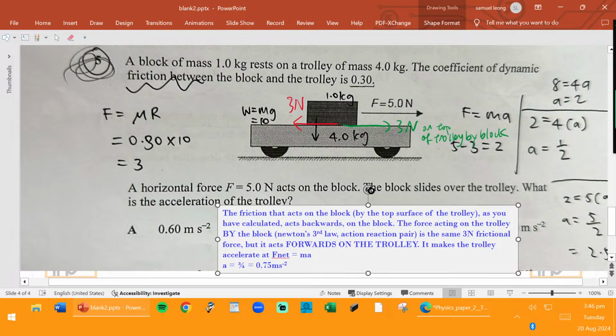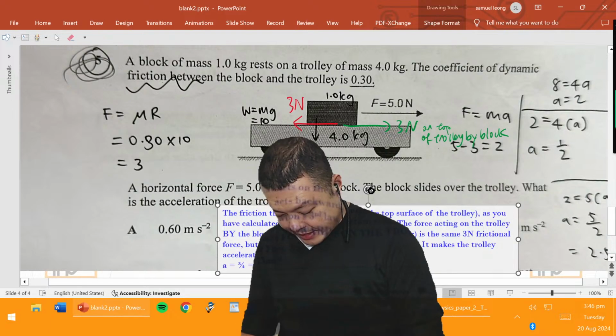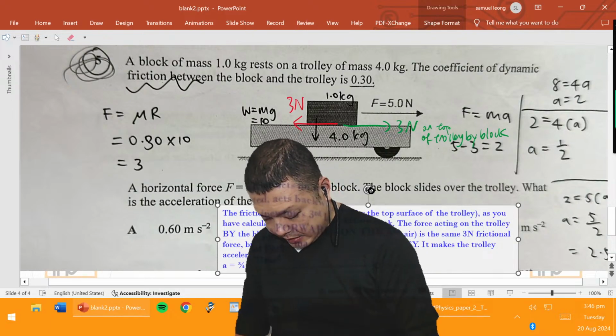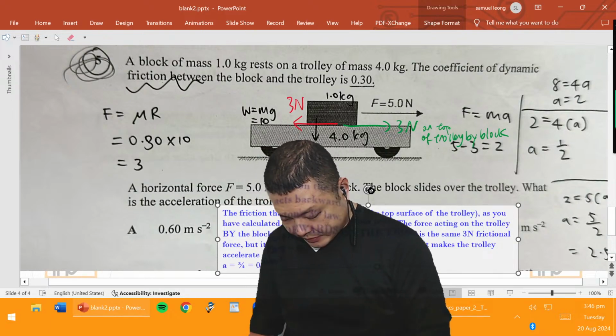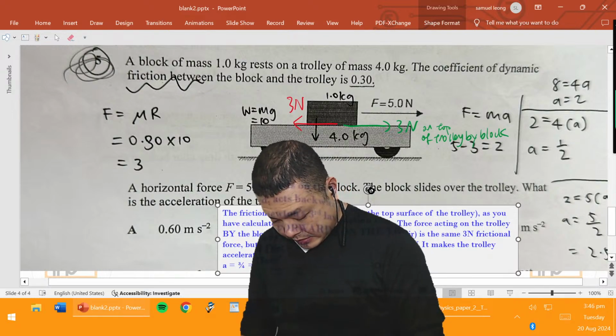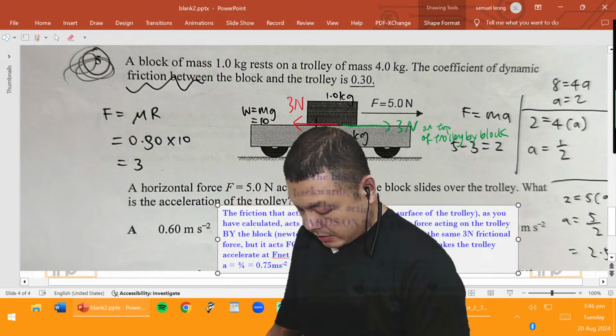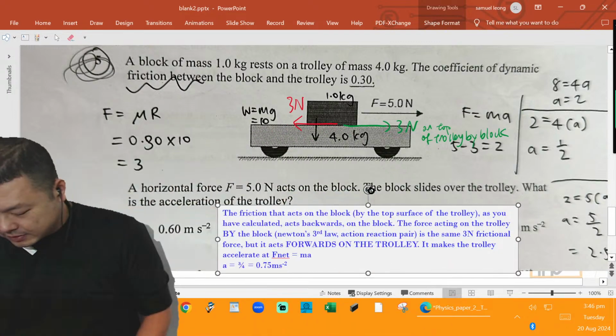And this is from the 2020 paper. Wow, because it was a pandemic year and they made it so hard. I'm very sure a lot of students cried after walking out of the paper. It would have been a tear maker.